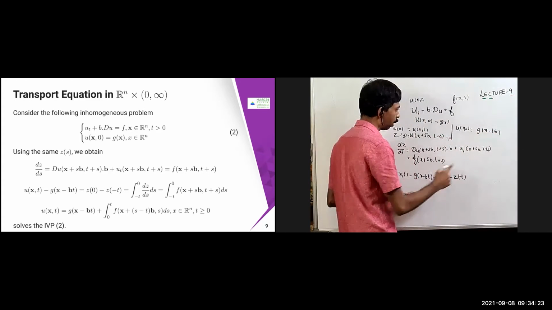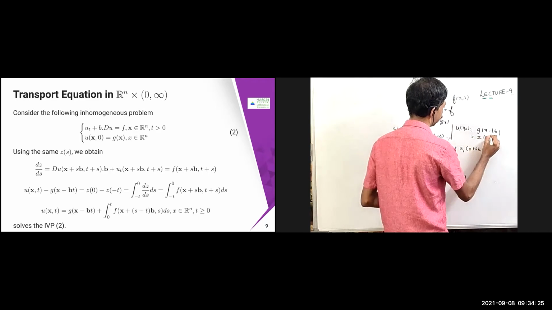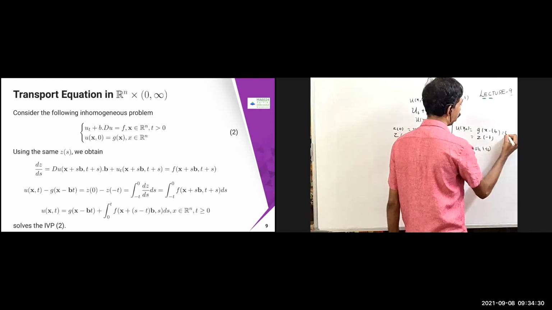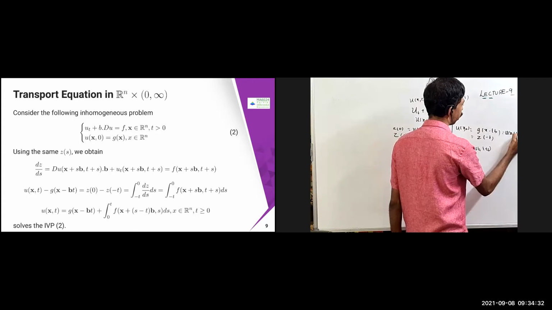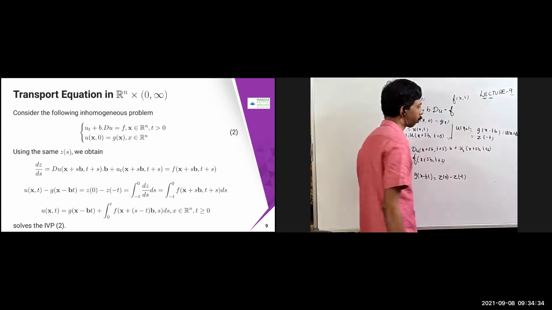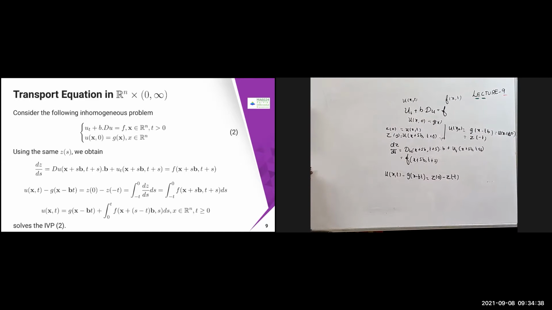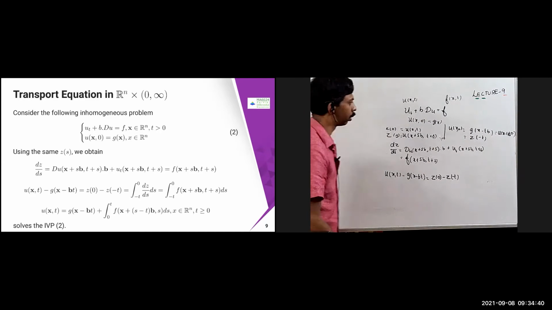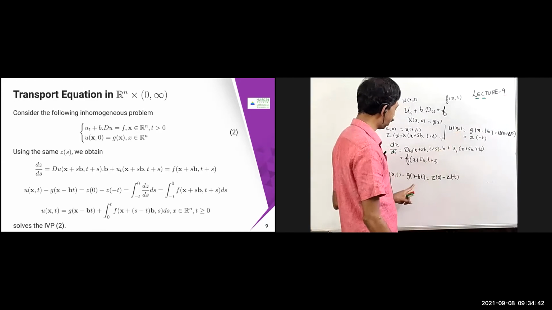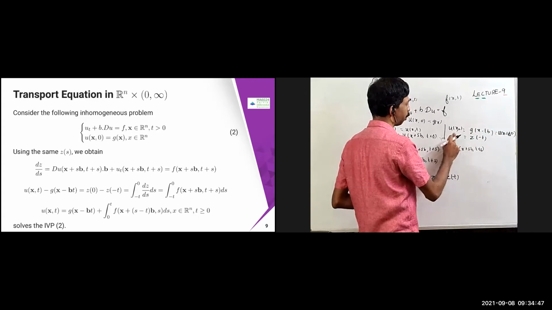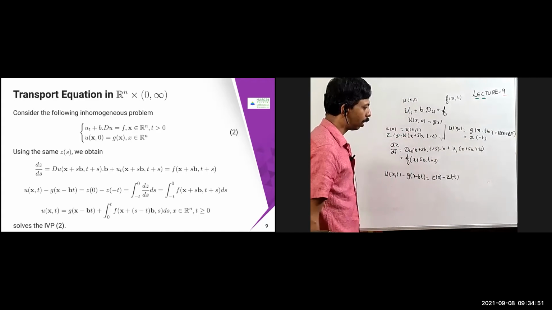So that is nothing but z of minus t. Okay. You can check this. Or this is nothing but u of x minus tb comma 0. Okay. So g of x minus bt is nothing but u of x minus tb comma 0. That is nothing but u of x comma 0, and this of minus t is going to come.